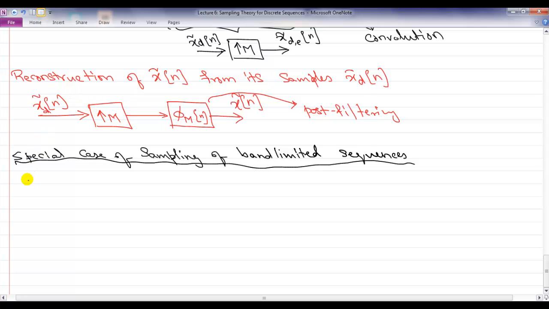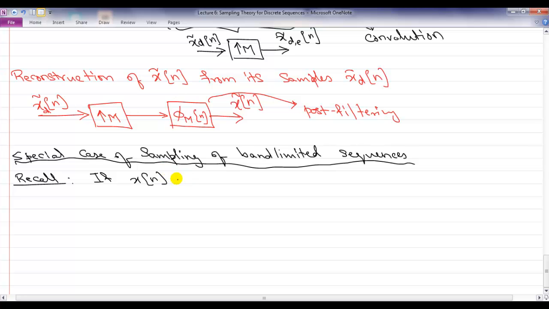And the notion is exactly the same as in the continuous time world, with the only caveat that the discrete time Fourier transform is periodic. So we have to be a little more careful about that. But the definition goes exactly the same way as in continuous time.